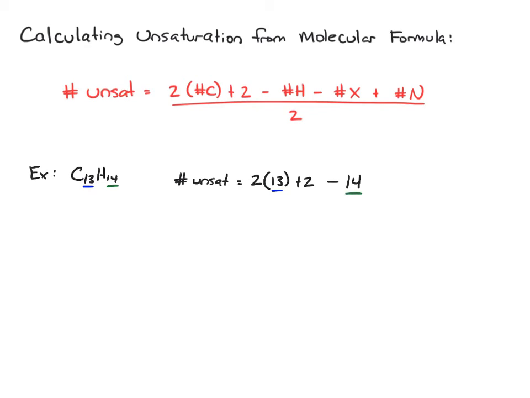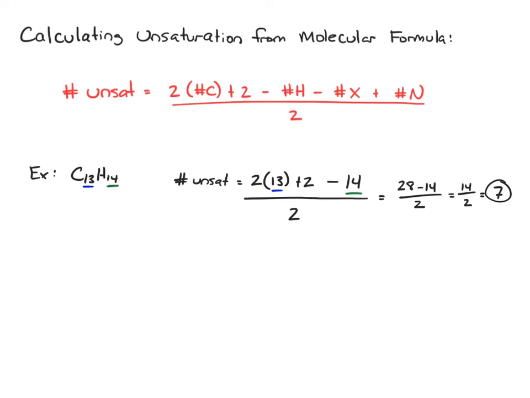And we don't have any halogens or nitrogens to worry about here. So all of that divided by 2. So that ends up being 28 minus 14 divided by 2, which is 14 divided by 2, which is 7. So whatever structure this is, it has some combination of rings and pi bonds that total up to 7 unsaturations.